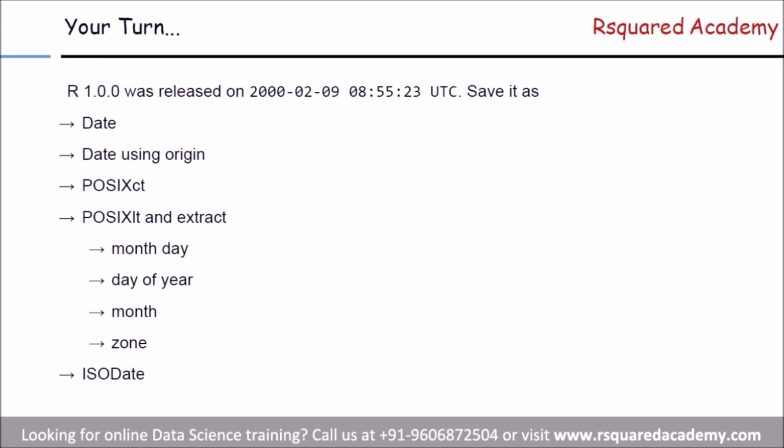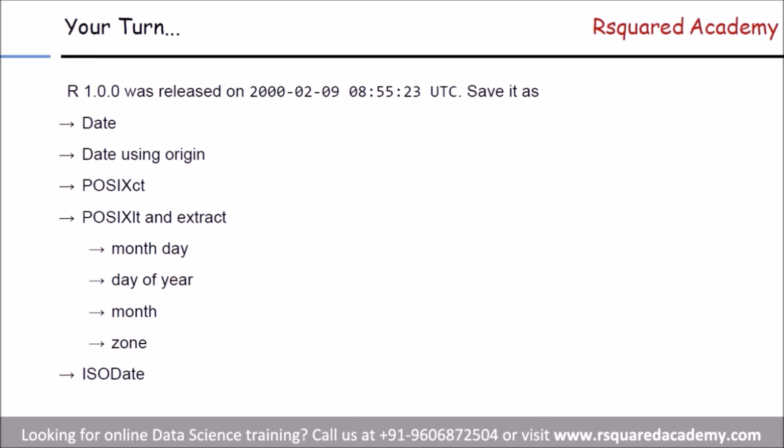Now we want you to save this date and time as date class using as.Date, and then also as a date class, but instead of using the date and time component as character or string, use the origin and supply the number of days, then store it as a POSIX CT class, and then as POSIX LT, and extract the day of the month, day of the year, the month, and the time zone.